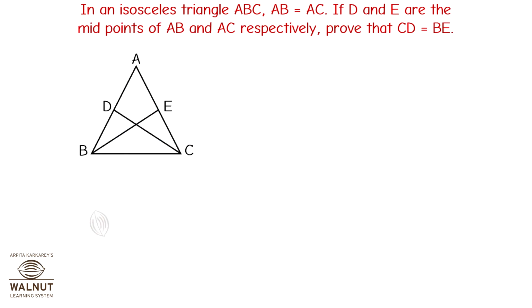In an isosceles triangle ABC, AB is equal to AC. If D and E are the midpoints of AB and AC respectively, prove that CD is equal to BE. We have to show that CD is congruent to BE. Locate this in the diagram first. What do we already know about this figure?